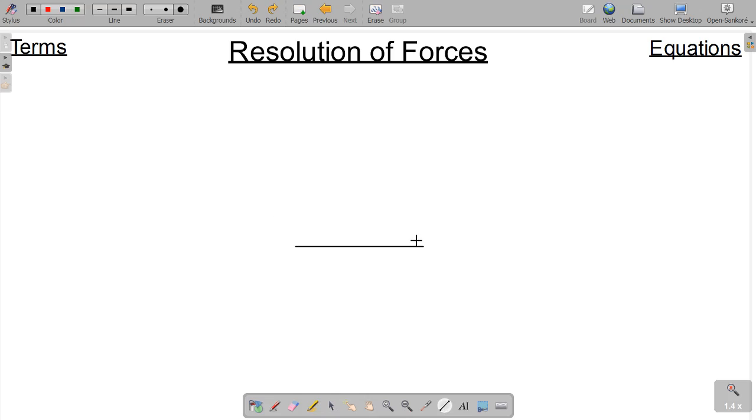I'll talk about vector addition first. You know that when you add vectors, you align them such that the arrowhead of one is the tail of the other, and this is the resultant vector.